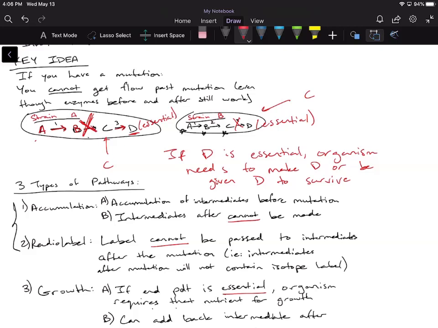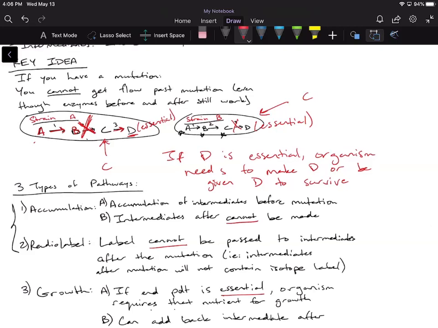If I add back C to strain A, because enzyme 3 works, C can be converted to D and I produce my essential end product, so D will help strain A live. But what if I add C to strain B? Because enzyme number 3 is not working, C can't be converted to D, D will not be produced, and strain B will die.